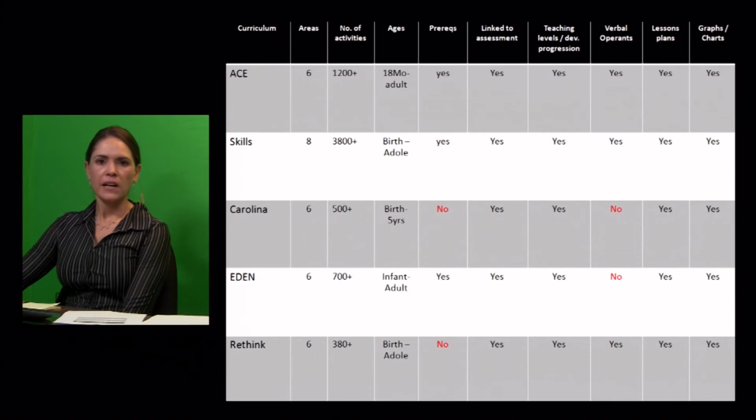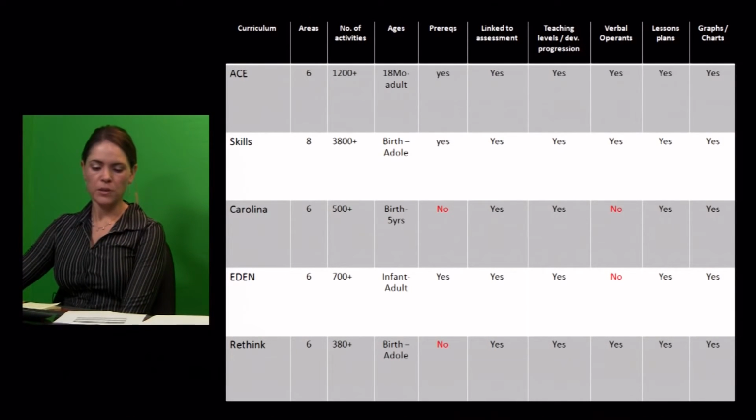Also, you can see how many activities they each have. It ranges considerably, from 380 plus for the Rethink Autism one, up to 3,800 plus for the Skills curriculum. The ages are in the next column, starting at birth in most cases, going up to lower young childhood for some of them, and others going all the way up to adult.